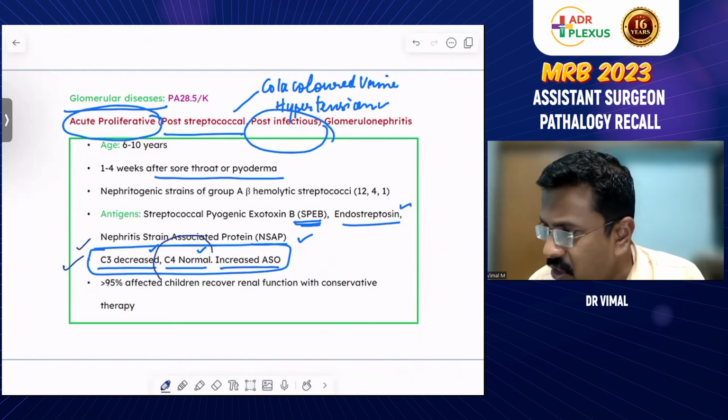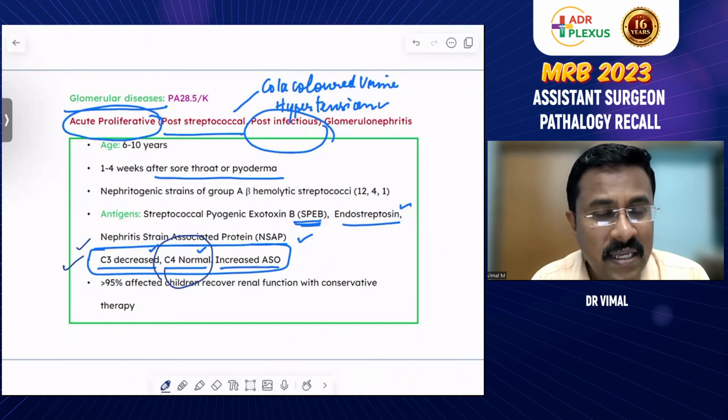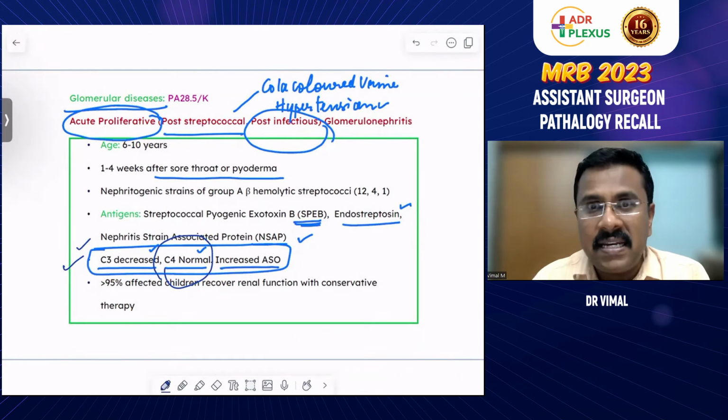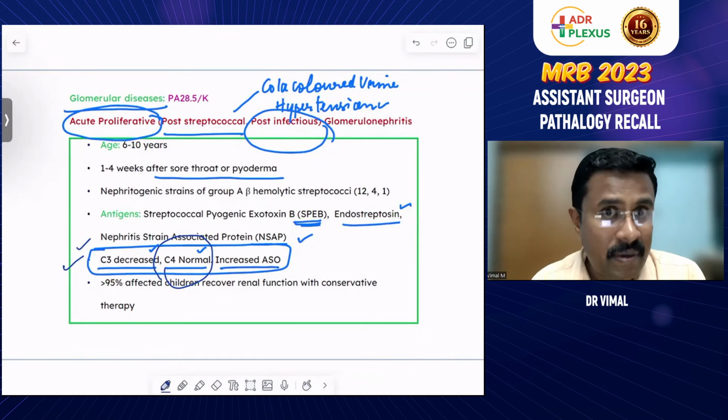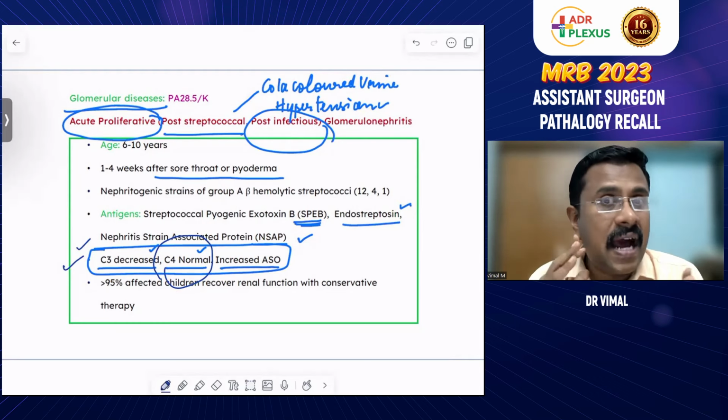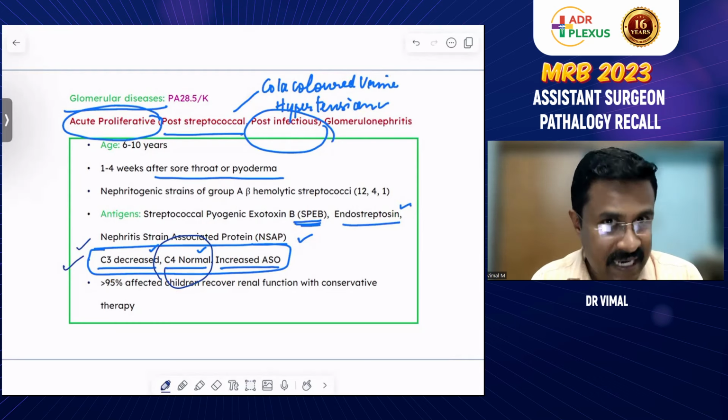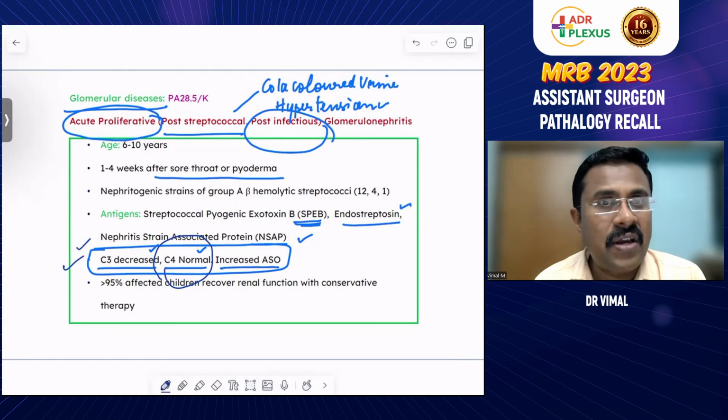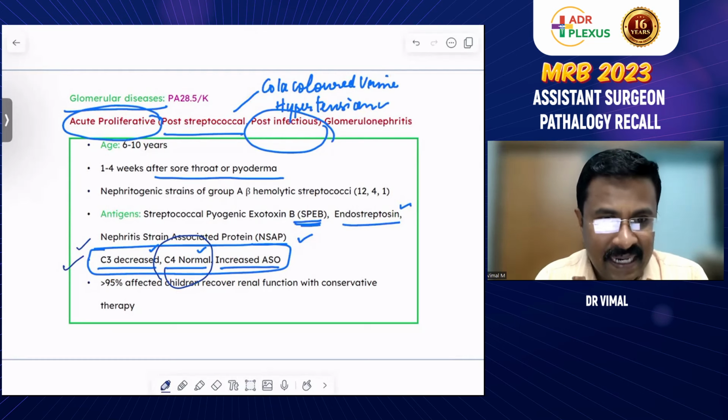And C4 is normal. Why is C4 normal here? C4 is usually decreased in conditions like SLE, where the classical complement pathway is activated. But in post-streptococcal glomerulonephritis, it is the alternate complement pathway which is getting activated, and that is why we have decreased C3.